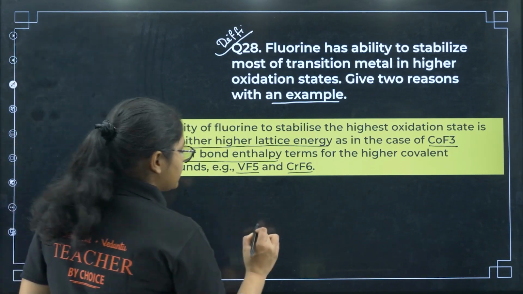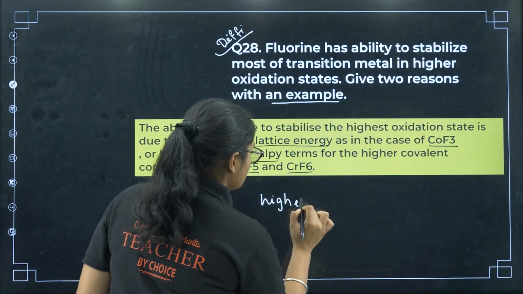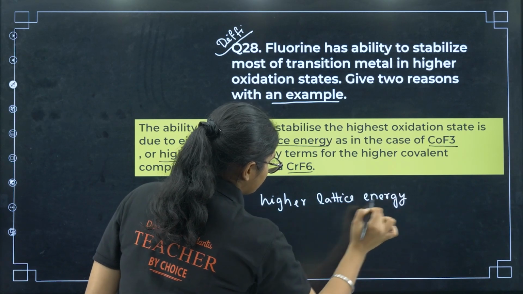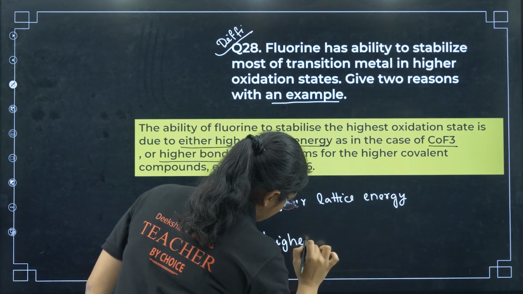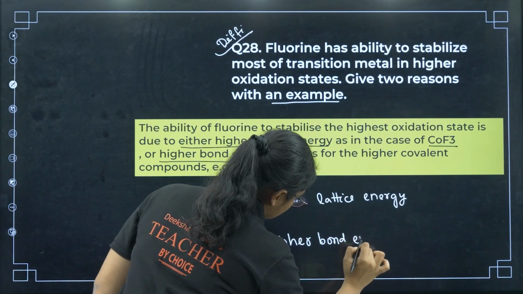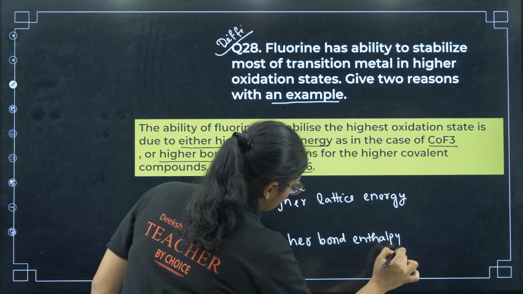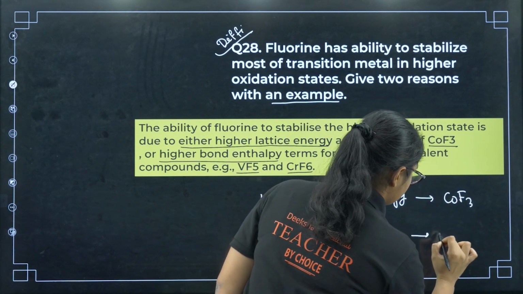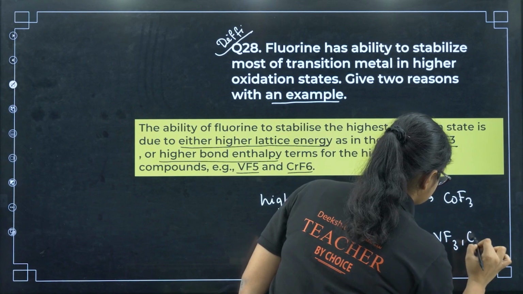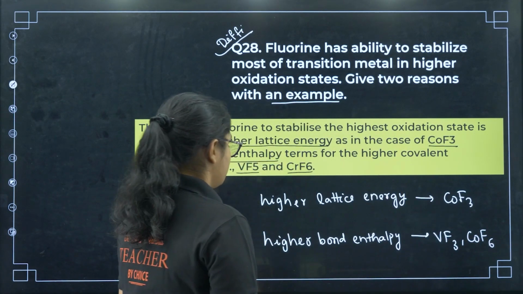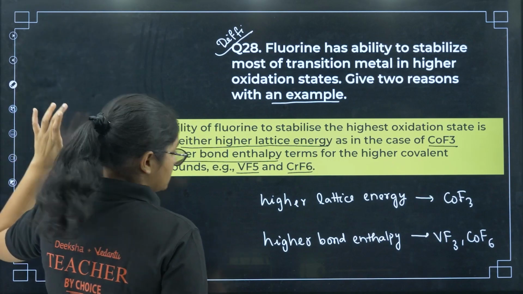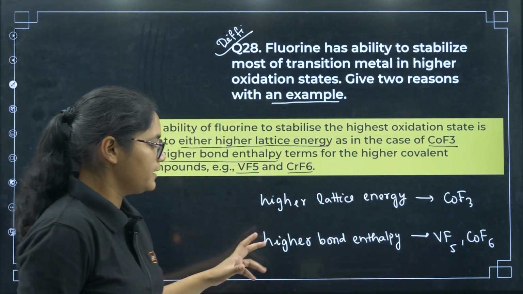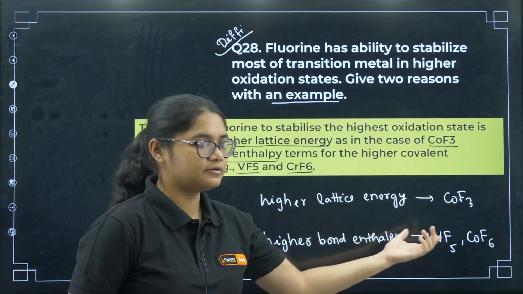So we basically have 2 factors, one is higher lattice energy and the other one is higher bond enthalpy. Now for higher lattice energy I have one example CoF3, and for bond enthalpy I have VF5. So this is what you have to write, 2 factors and 1 example for each factor.